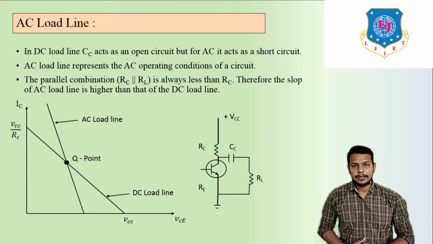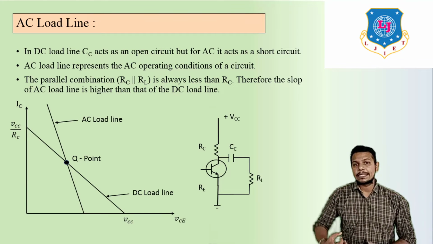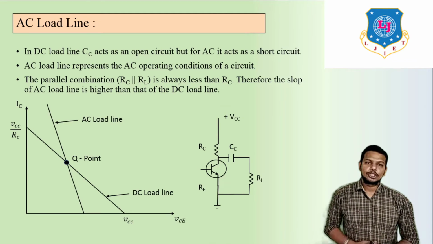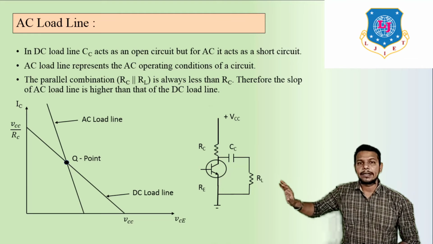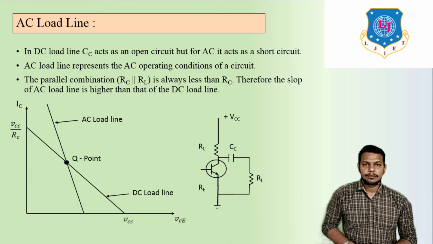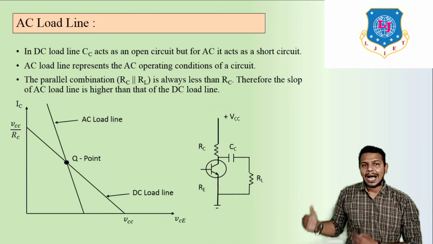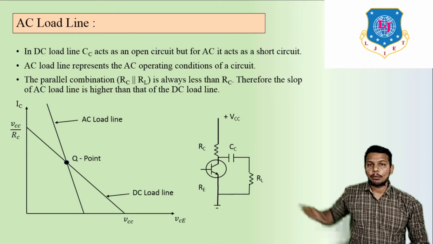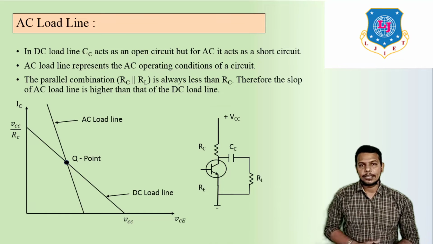We discussed earlier that if we use a capacitor in the circuit diagram, for DC it will be open circuited and for AC it will be short circuited. The AC load line represents the AC operating conditions for the circuit. Here we can see this parallel combination RC parallel RL is always less than RC. Therefore the slope of the AC load line is higher than that of the DC load line.